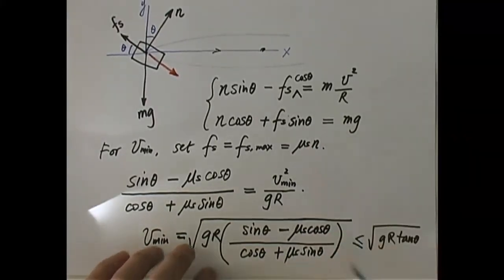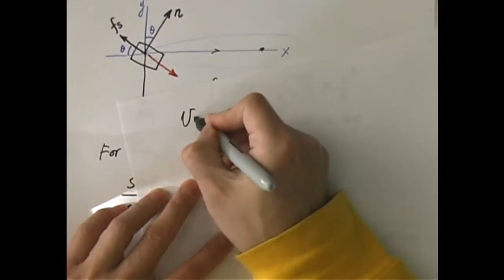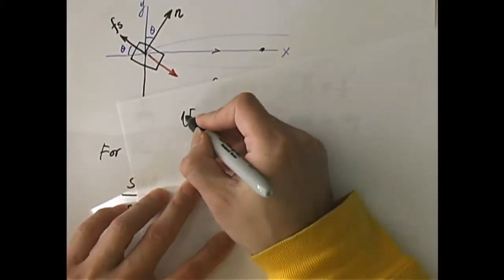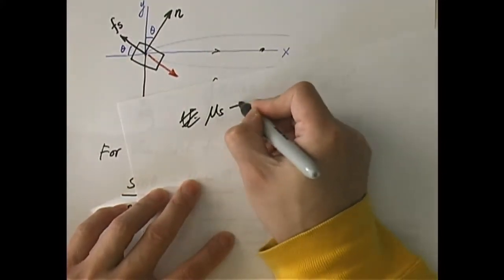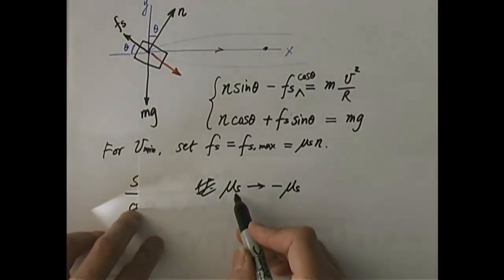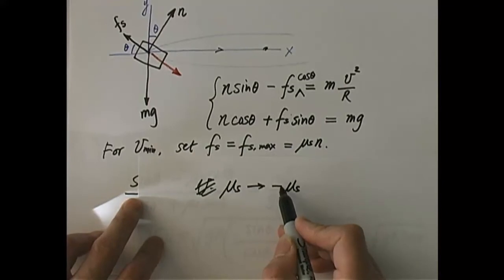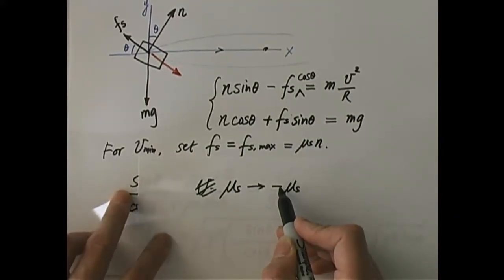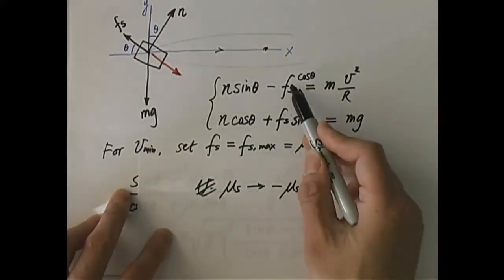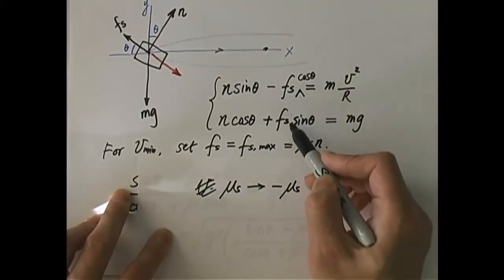Now, this is equivalent to changing mu s to negative mu s. Even though mu s is really not negative, when you add a negative sign whenever you see mu s, you are effectively reversing all the force directions that concern static friction, which is exactly what we're looking for.